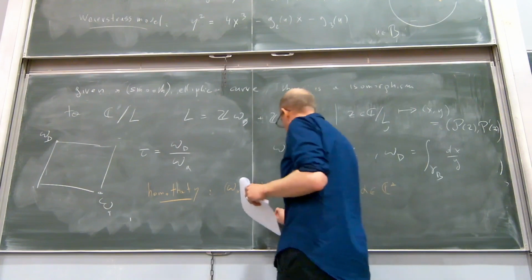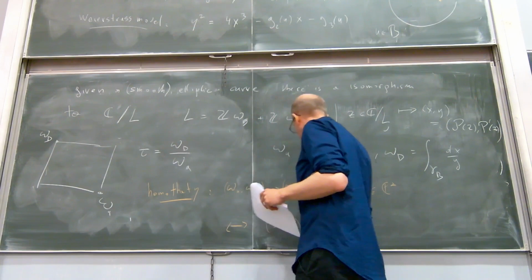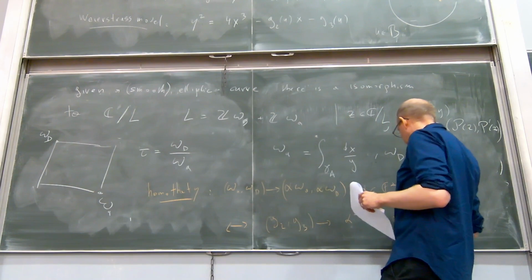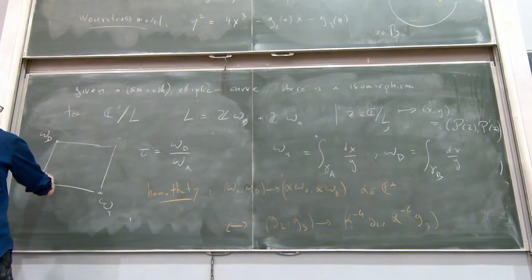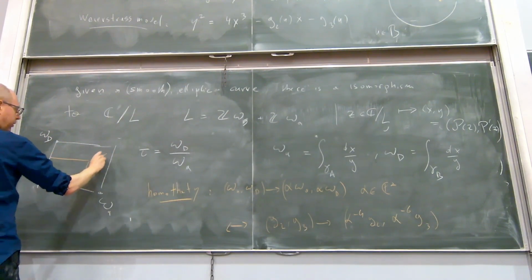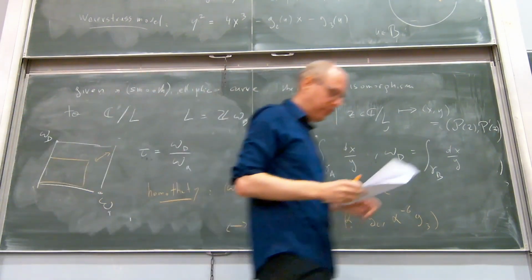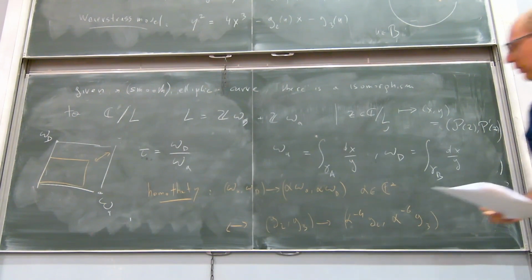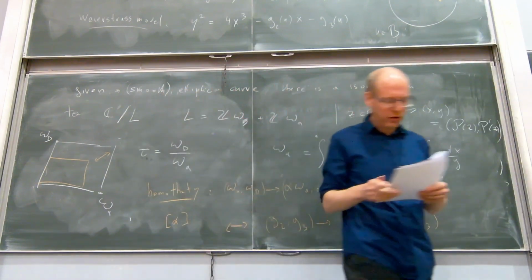This is the same as rescaling g2 and g3 by alpha^-4 g2 and alpha^-6 g3. So this is just rescaling by a factor alpha, and it doesn't change tau. It's an isomorphic elliptic curve. It will be useful later. Let me call that operation alpha. That's just an operation on the elliptic curve.